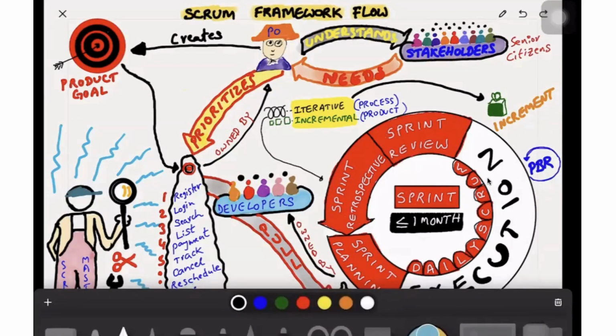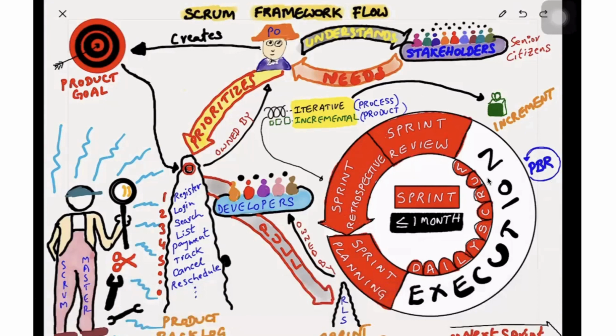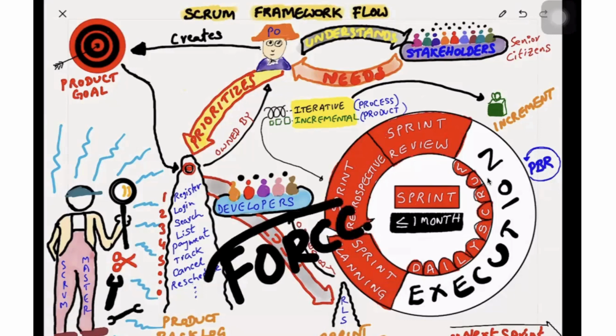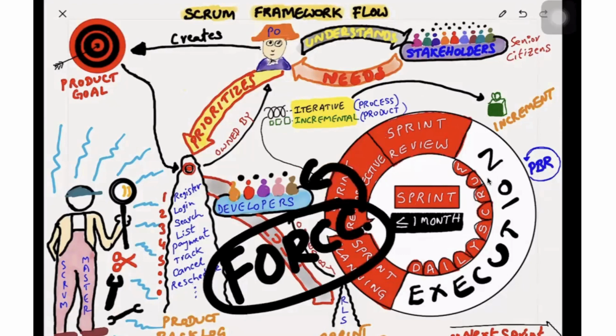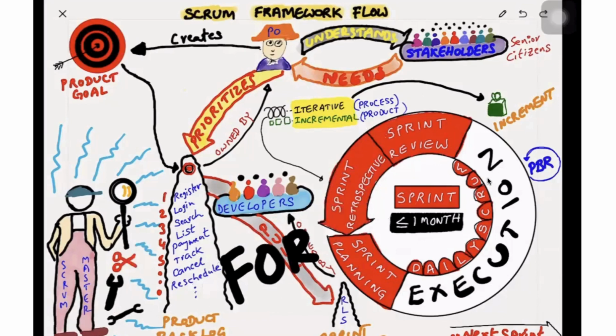And there are 5 values in Scrum. They are focus, openness, respect, courage, commitment. So throughout the journey of their Scrum implementation, developers, product owner, and Scrum Master follow these 5 values so that trust can be established within the Scrum team. When trust is established, they'll be able to implement the 3 legs of empirical process control, which includes transparency, inspection, and adaptation.